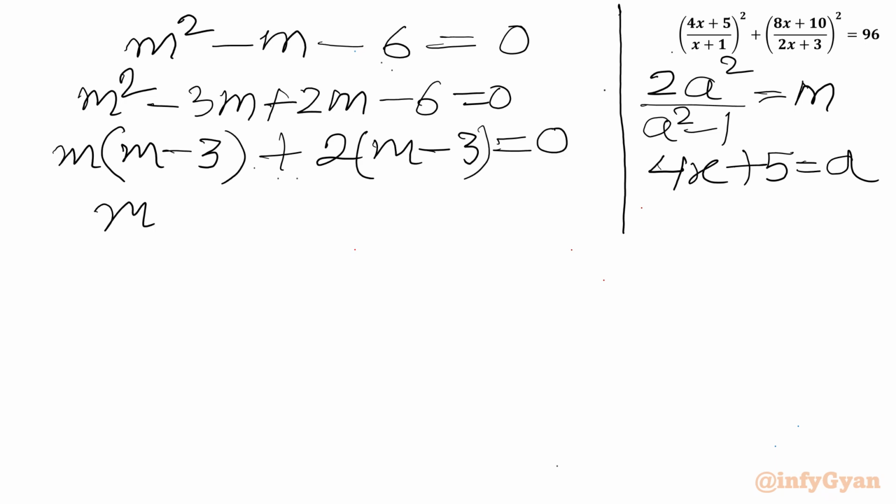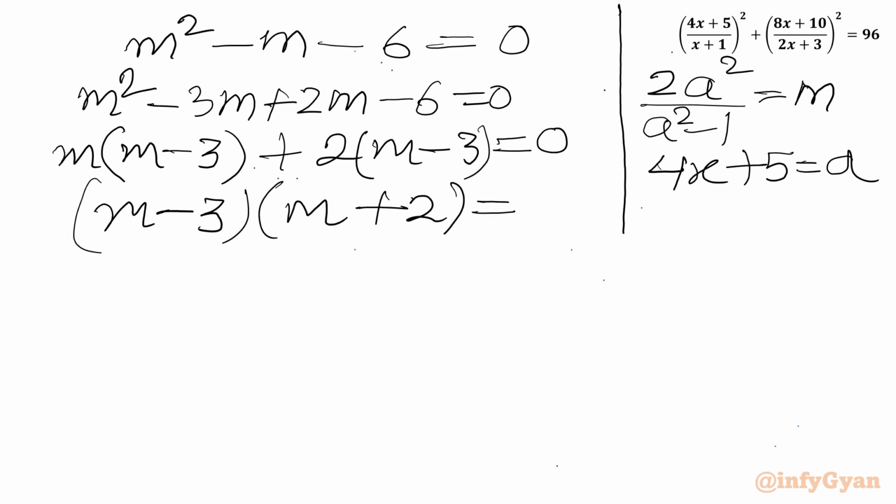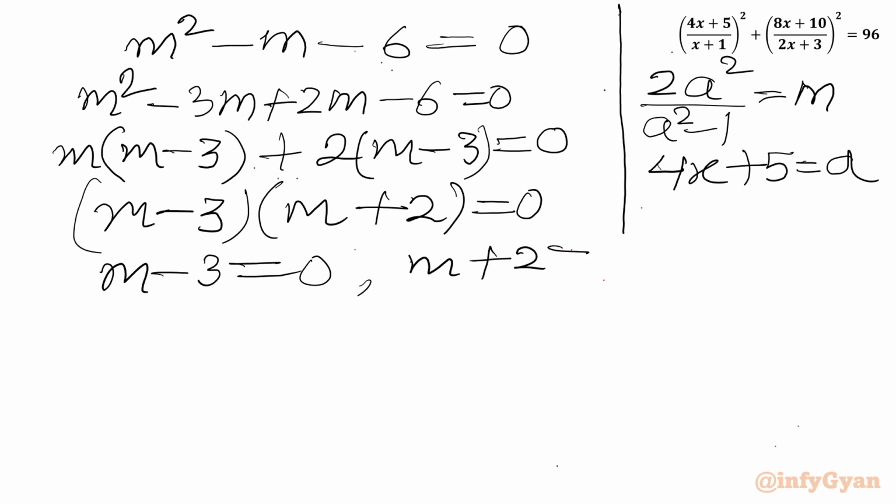So factorization is done. M minus 3 times m plus 2 equal to 0. So from here we can write either m minus 3 equal to 0 or m plus 2 equal to 0. So I can write m will be equal to 3 here, and m we can get from here minus 2.